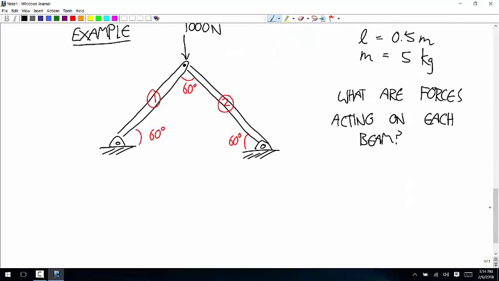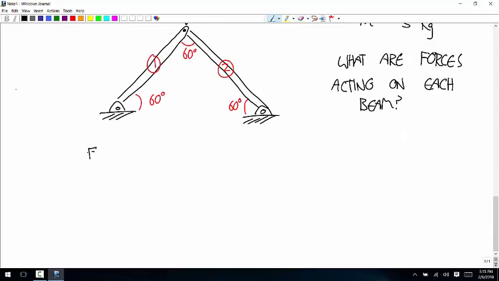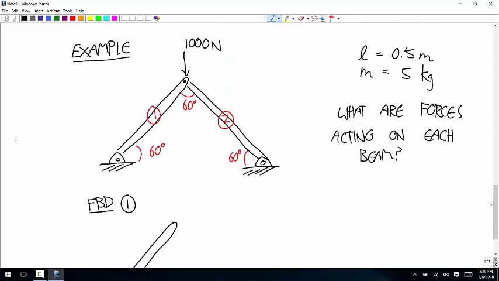So first I'm going to draw free body diagrams of the two beams. So beam one, the one on the left, it's like that. The one thing that can be a little tricky is that when you decide what body to isolate, you can isolate a single thing or a collection of things or a part of a thing.